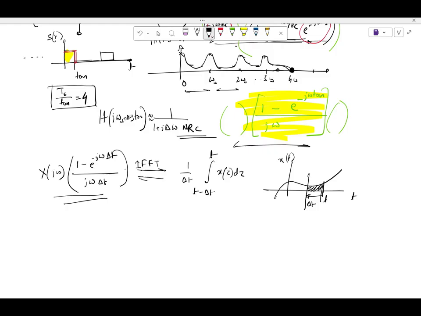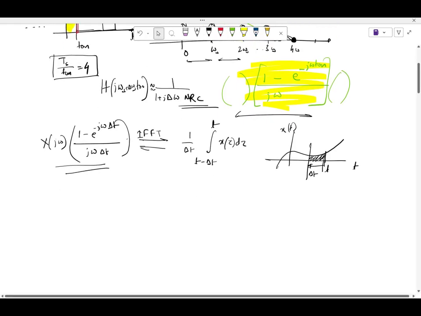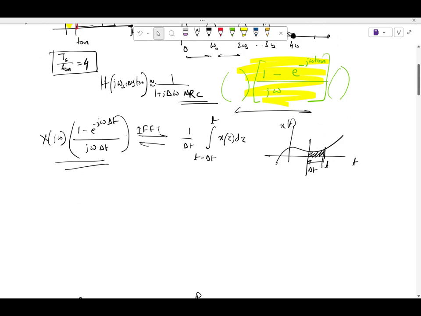So essentially in our case, the inverse Fourier transform of this guy is equivalent to saying I am doing the integral of whatever this input, let's say Vi of t, I am doing the integral from 0 to T on, right?